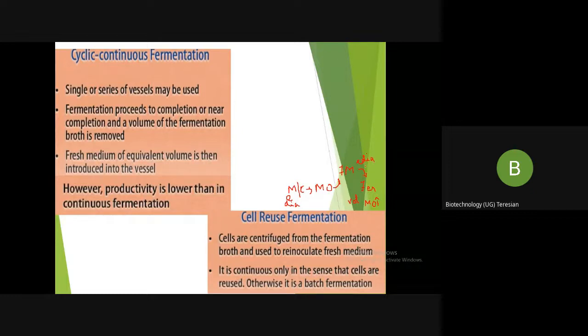And this fresh media again enters the fermenter, or the tank, that will be simpler to say. As this is entering, the volume of your microorganism is increasing. Already there are microorganisms, and you are adding more, so the volume increases. It is continuous only in the sense that the cells are reused. Otherwise, it is a batch fermentation. Only if the cells are reused in this manner is it called a continuous phase. Otherwise, if it is not reused, it becomes like a batch fermentation.